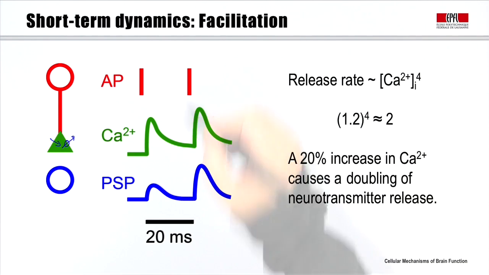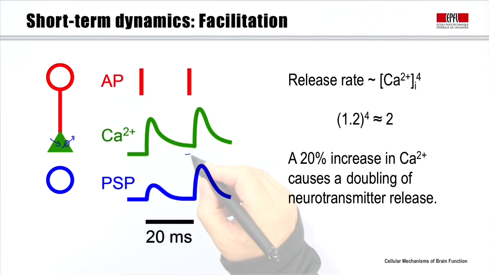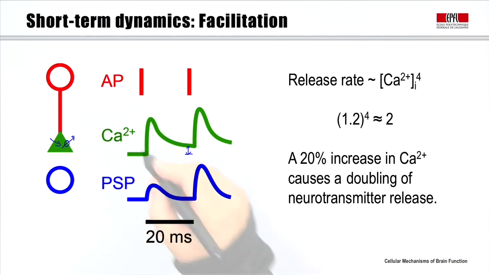When the second action potential arrives, there may then be a little bit of residual calcium left in the presynaptic terminal. We may not have reached the equilibrium baseline situation.